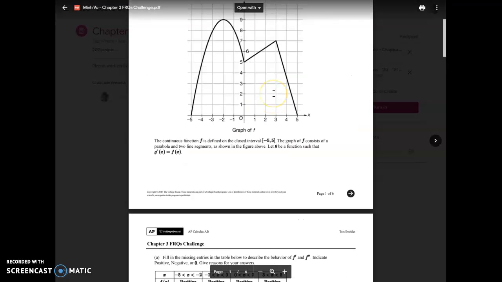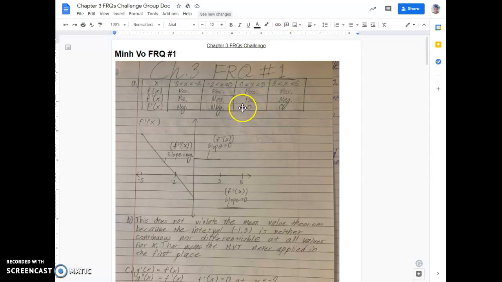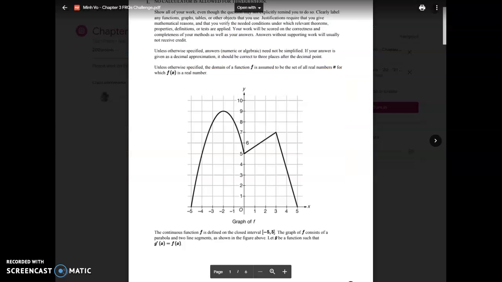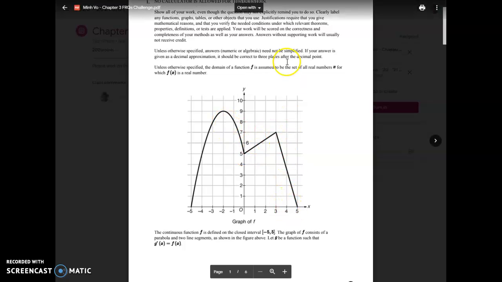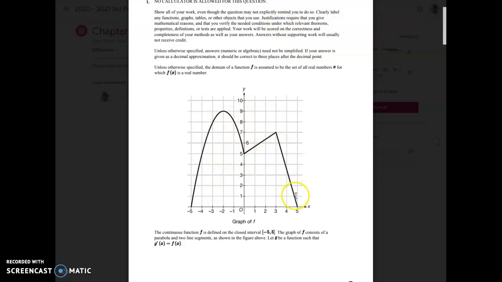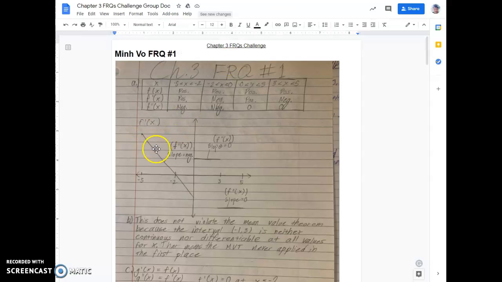I solved this by first drawing what I believe would represent f prime of x, so that I could fill out the table. First, I looked at this graph, which is f of x, the original function, and I looked at the slope, since the derivative of this function represents the slope.